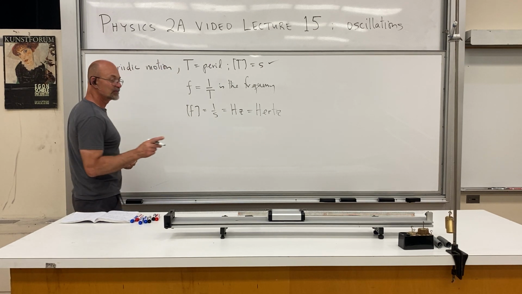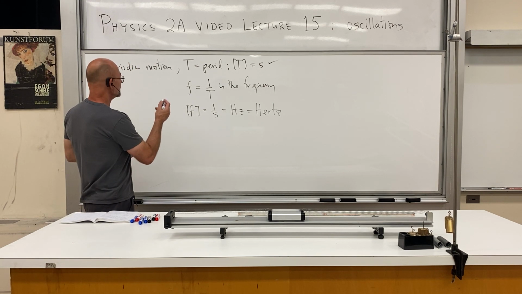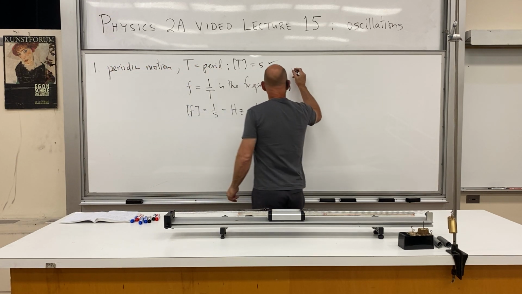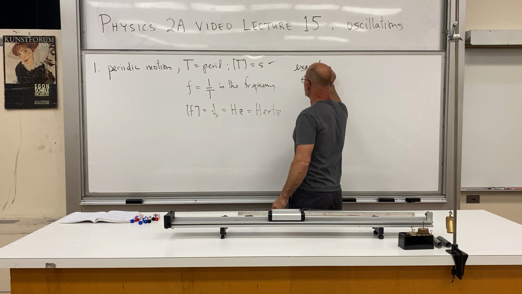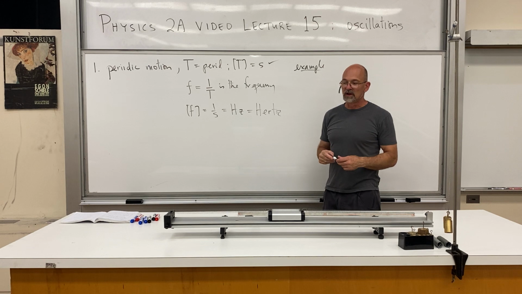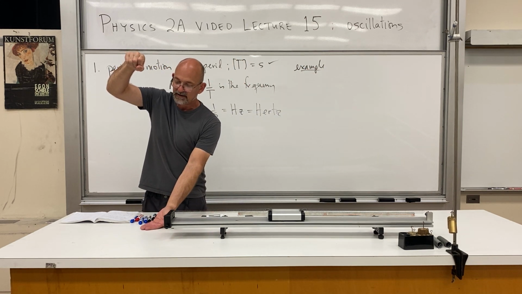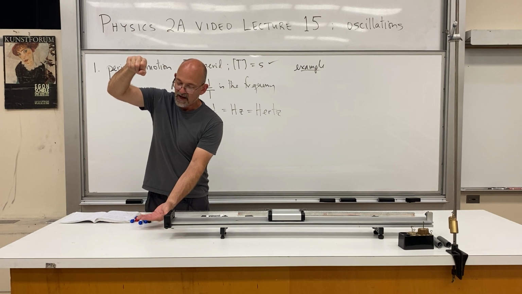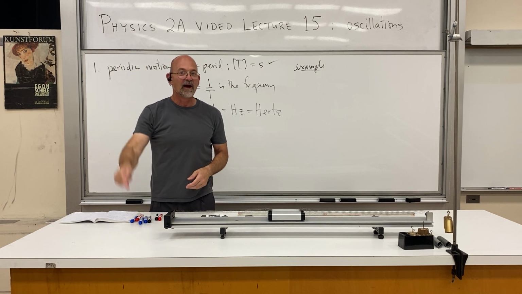And an example that is not usually discussed, but I'm going to go ahead and do this anyway. An interesting example of periodic motion would be an ideal bouncing ball. So you have a ball here, you drop it, it hits the ideal table, bounces right back up to the same height, and it would just bounce forever.